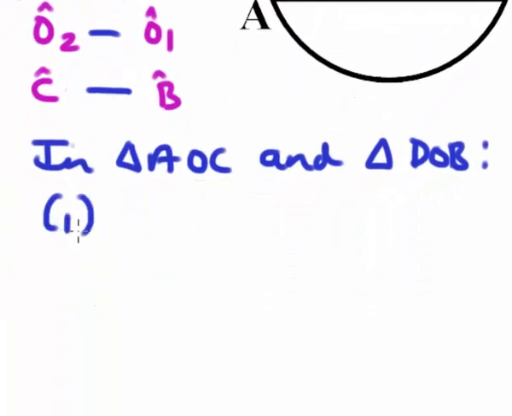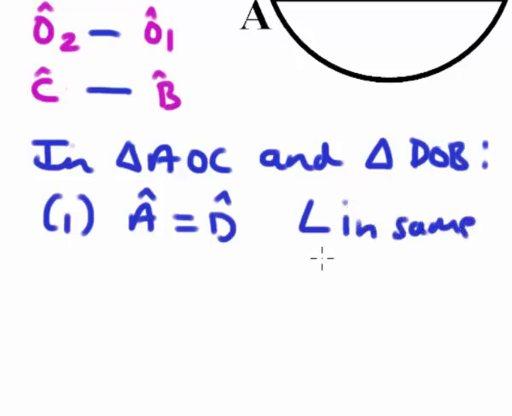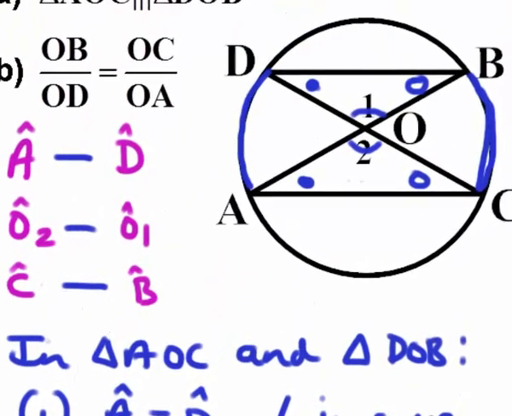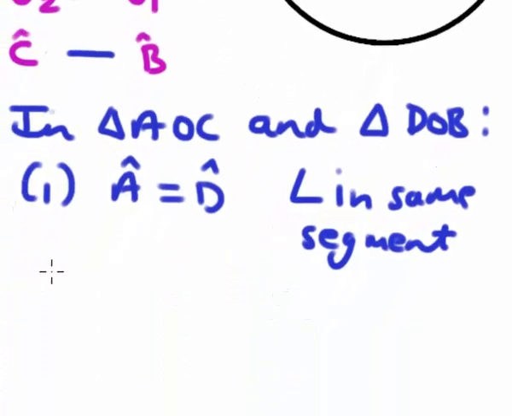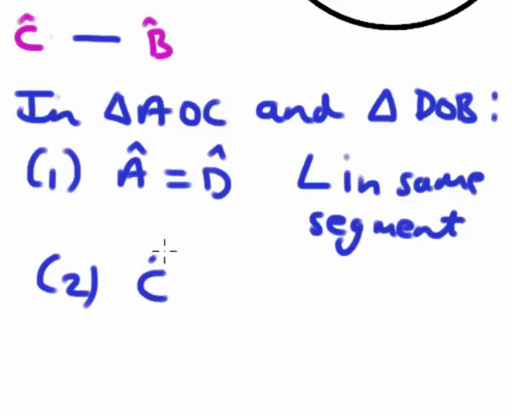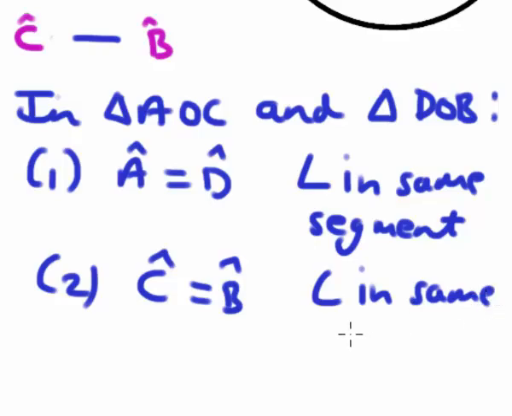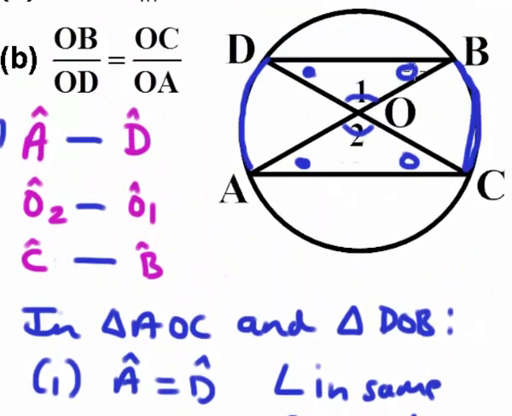The first thing we know in this practice example is that angle A is equal to angle D, and that, remember, is angles in the same segment, or you can use arc subtends equal angles. So angle A is D because arc BC subtends equal angles, or just angles in the same segment. And then the second one is angle C is equal to B. Once again, angles in the same segment of the circle.